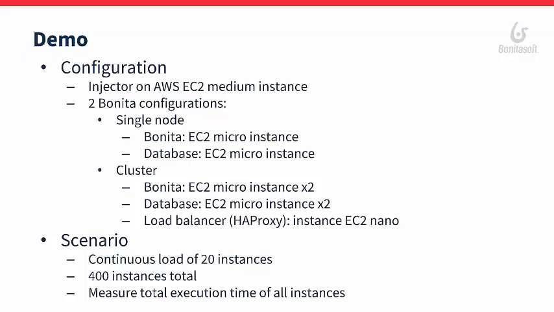If the injector is too slow, we might have the same performance on the single node and on the cluster, because Bonita will just wait for the information from the injector. If it's too slow to ask for the creation of new process instances, basically Bonita will just wait. So here we make sure that the injector is more powerful compared to the Bonita instance. So it's really a highlight on why the protocol of your test is important.